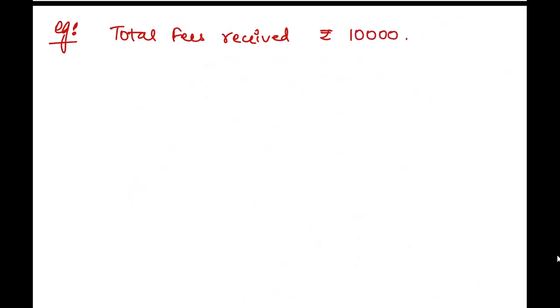Just a simple example I am taking. Fees due but not received is rupees 2,000. So, a very simple question.